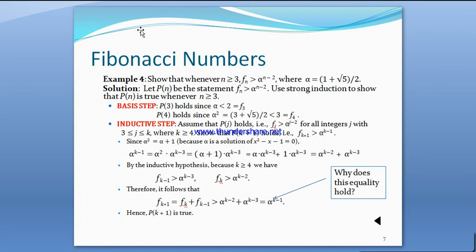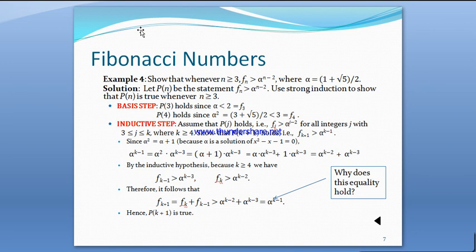Hence, we are able to say f4 is greater than alpha square, which shows that P of 4 is also true. So we have completed our basis step of the strong induction: P of 3 and P of 4 are both true corresponding to the given inequality.